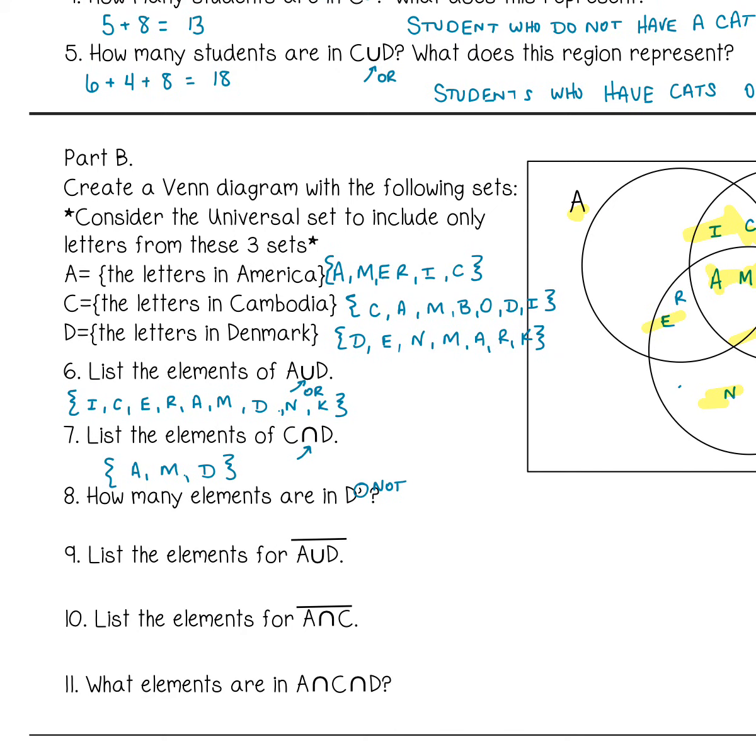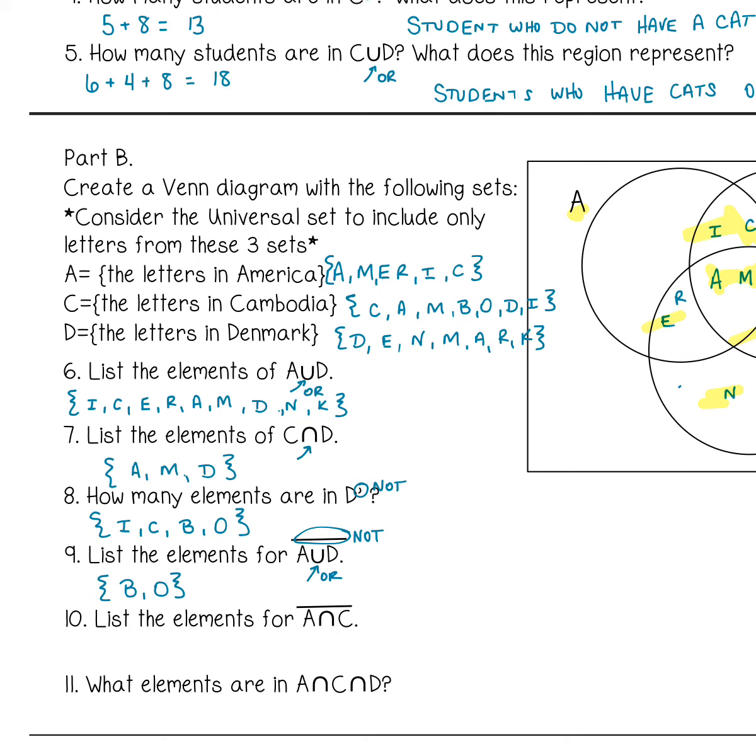So we got I, C, B, O. Next one, how many are not, the little bar means not, in A or in D? So if it's in A, it's not included. If it's in D, it's not included. Not in A or in D. And that would just leave the people that are only in Cambodia.